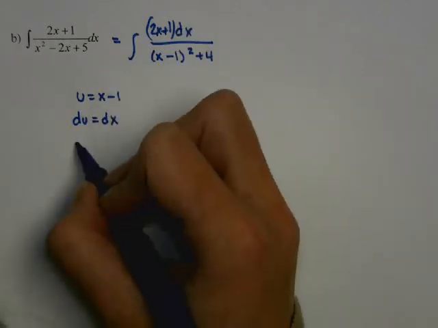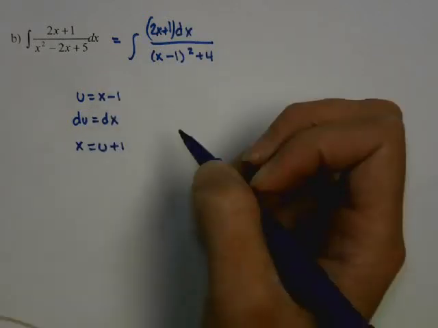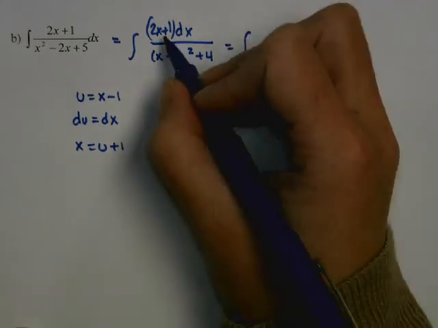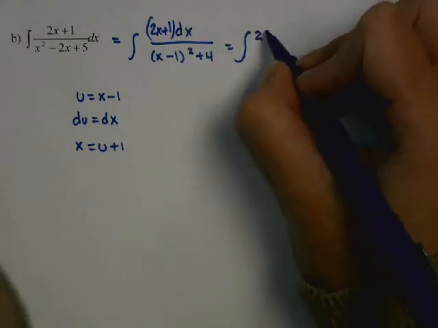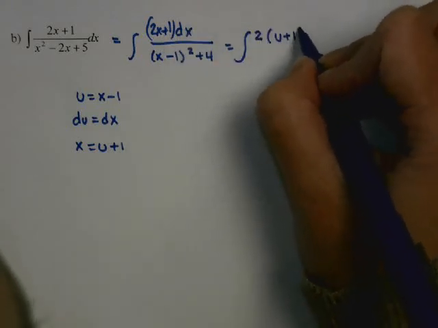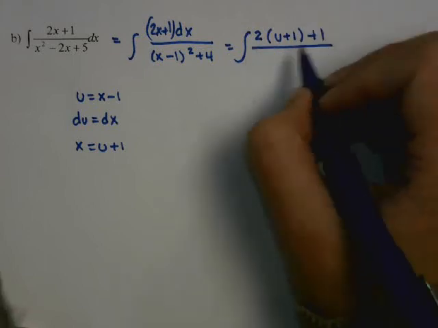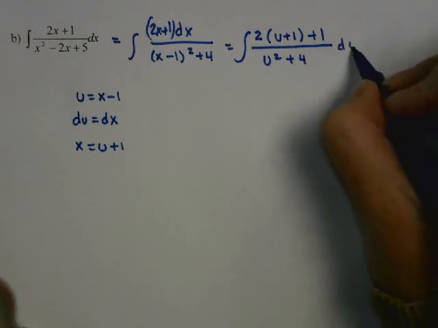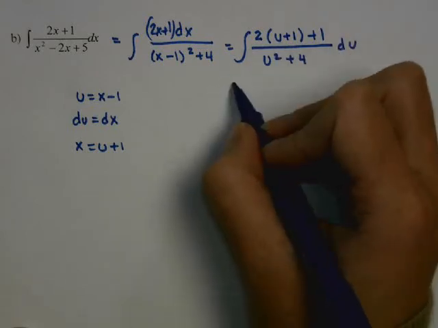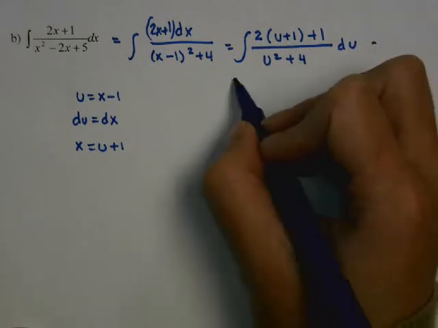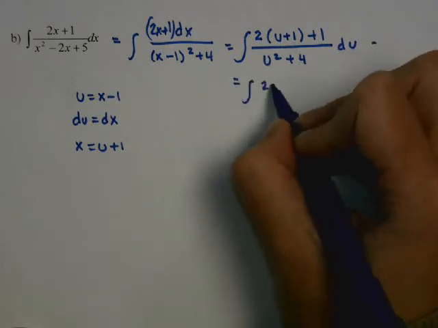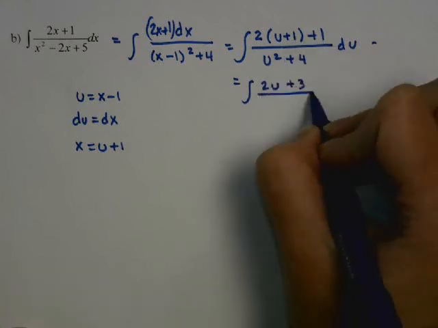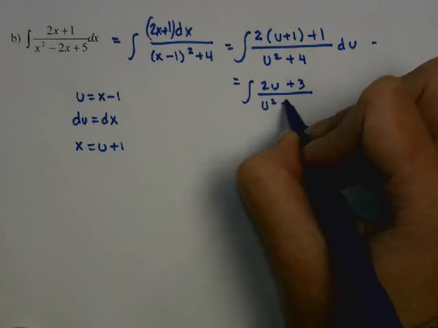So I'm going to solve this for x, and I'm going to make some replacements here. So instead of 2x plus 1, I'm going to have 2u plus 1 plus 1 over u squared plus 4. So this is going to be 2u plus 2 plus 1, so that'll be plus 3 over u squared plus 4.